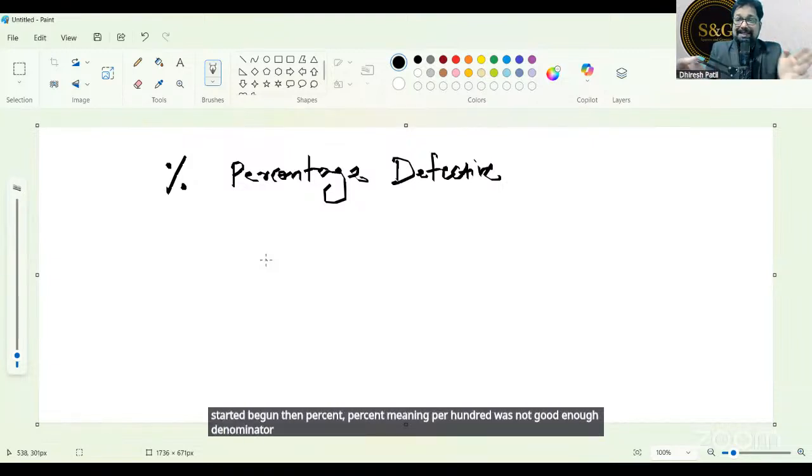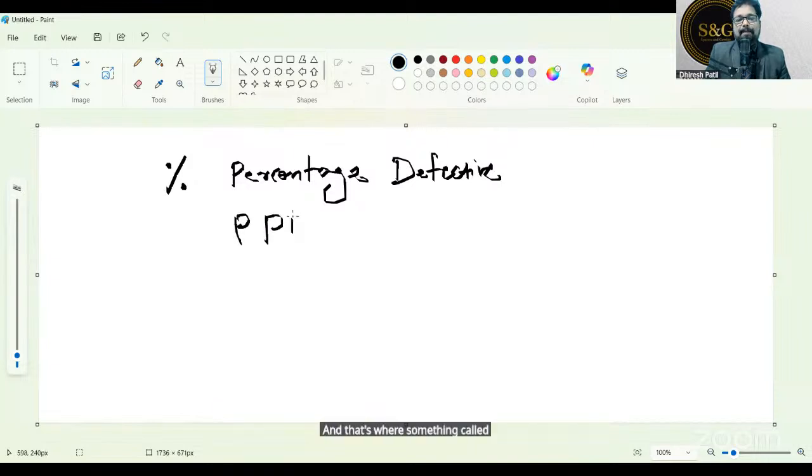They wanted to increase the denominator, so instead of percent, they started measuring on a per million basis. That's where something called PPM comes into the picture. PPM stands for parts per million.